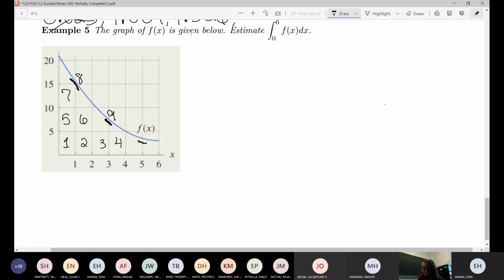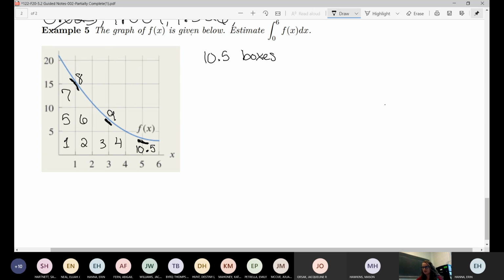If we combine these two together, that's almost going to be like 1.5 boxes as opposed to like 1 box. So let's go ahead and say we probably have about 10.5 boxes underneath of that function. So essentially what I did, since we had the grid structure, I went ahead and counted how many boxes we approximately have underneath of that function. So it looks like there's about 10.5 boxes.